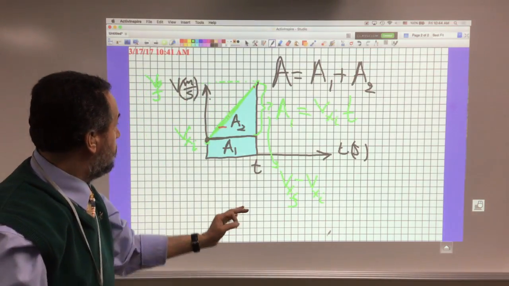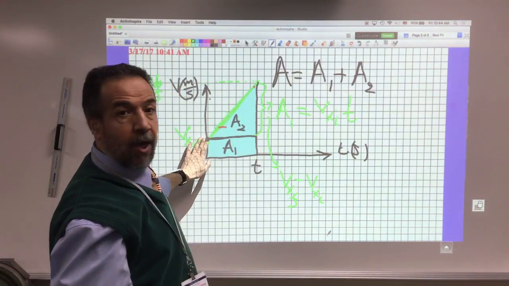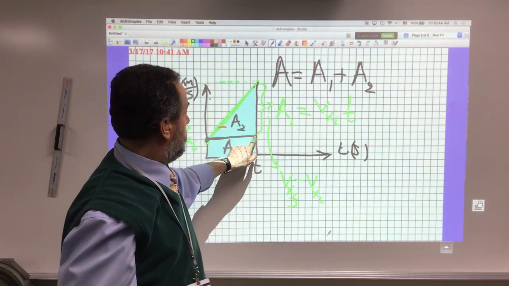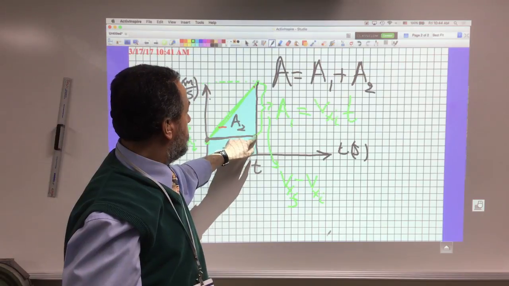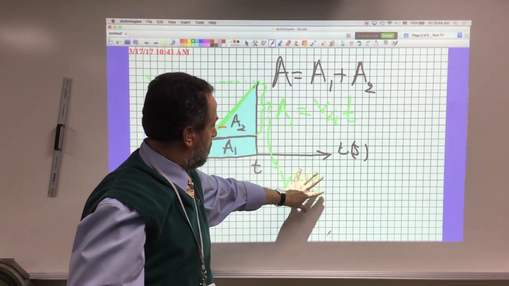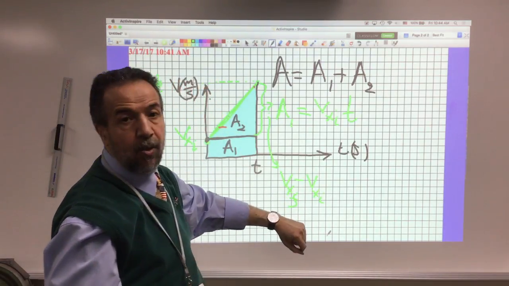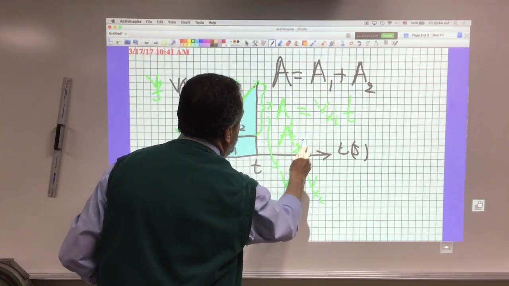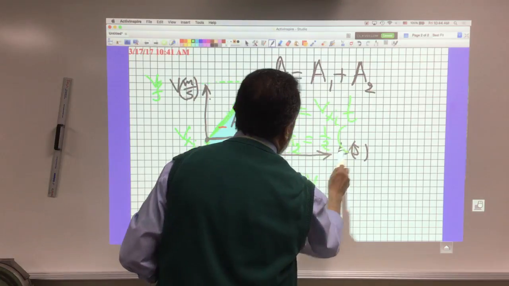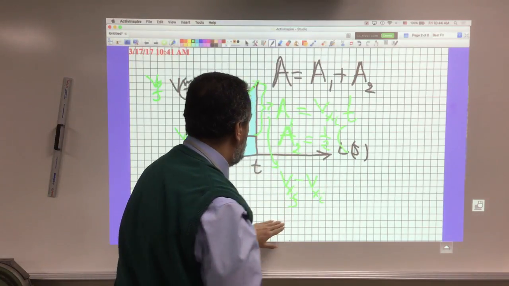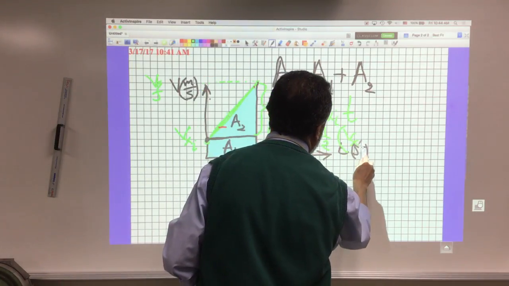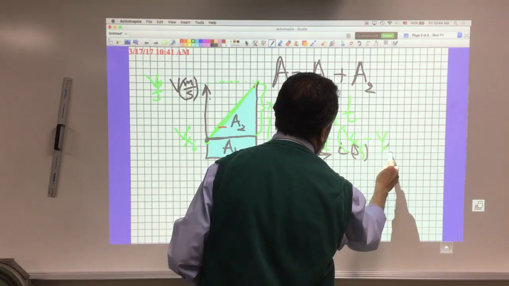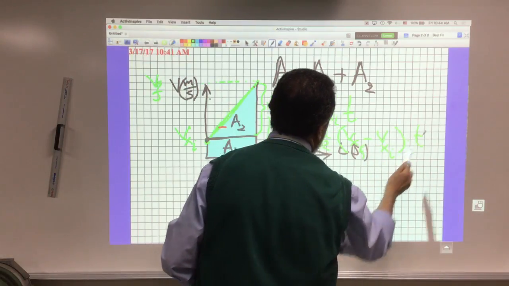And if that's the case, then this is an area of a triangle, so it would be this dimension, the base, multiplied by the height, which is this quantity here, divided by 2 or multiplied by 1/2. So A2 then is equal to half, between parentheses, the height, vxf minus vxi, and then multiplied by the time.